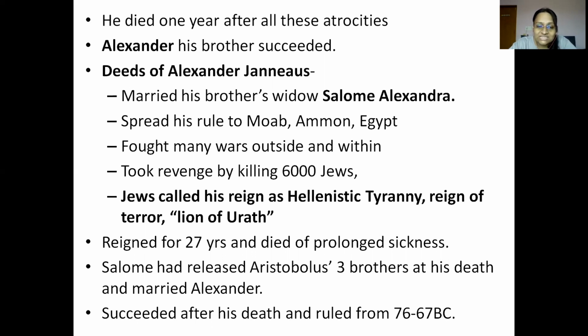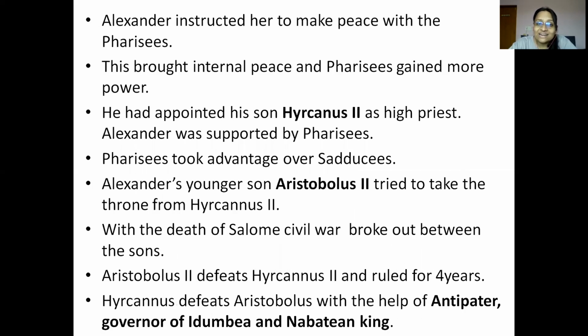Okay, so she succeeded after his death and ruled from 76 to 67. So from 76 to 67 was the rule of a woman, that is Salome, the wife of Aristobulus and the wife of Alexander Janus. Alexander had instructed her to make peace with the Pharisees. So she maintained that.